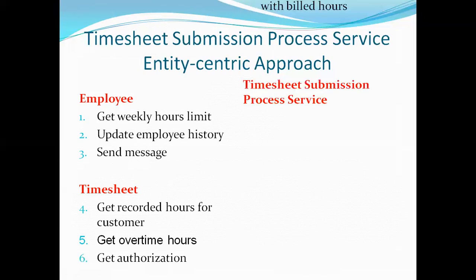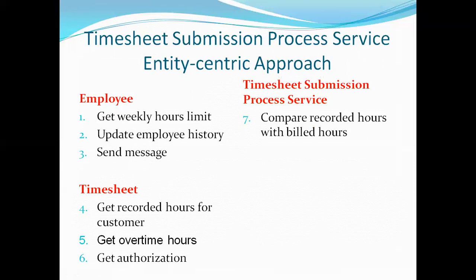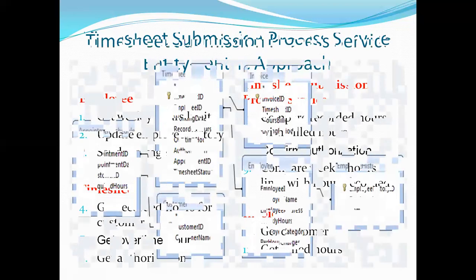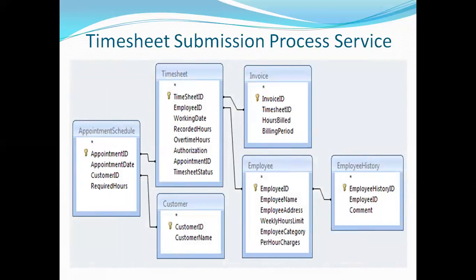In case of the timesheet submission process service, the methods are compare recorded hours with billed hours, confirm authorization, and compare weekly hour limit with hours recorded. And the last entity involved is the invoice entity. So get customer detail from the invoice entity and get billed hours to the customer, which is a part of the invoice entity.